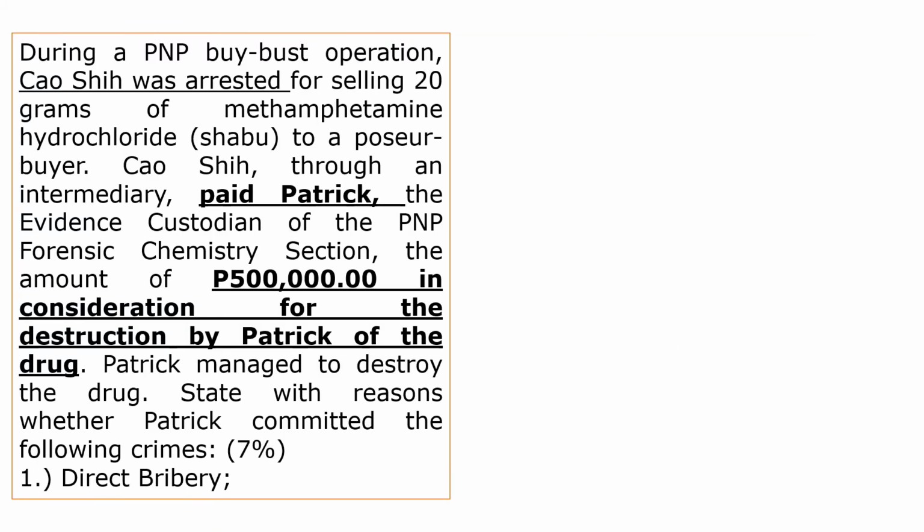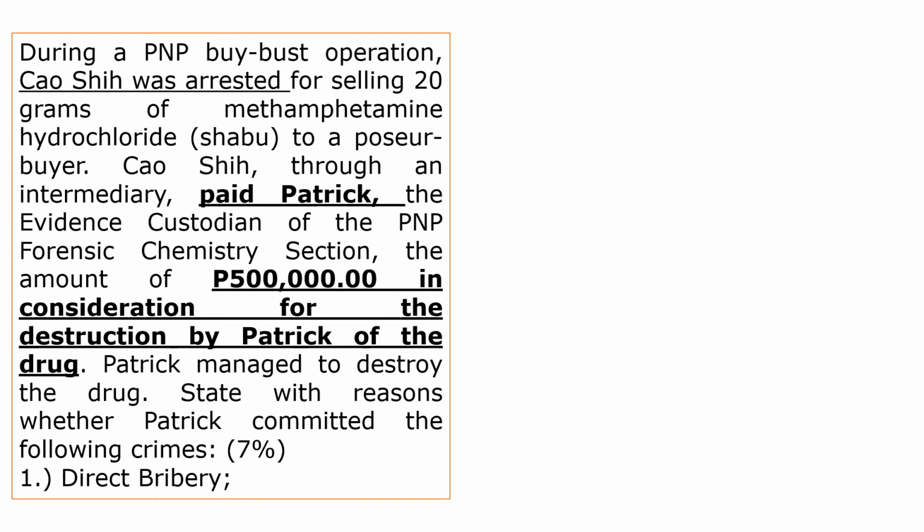Another bar exam question, Kaushi here was arrested for selling 20 grams of shabu. So what did he do? Kaushi paid Patrick. Sino si Patrick? Patrick is the evidence custodian of the PNP forensic chemistry section. So he paid Patrick the amount of 500,000 pesos. What will Patrick do?